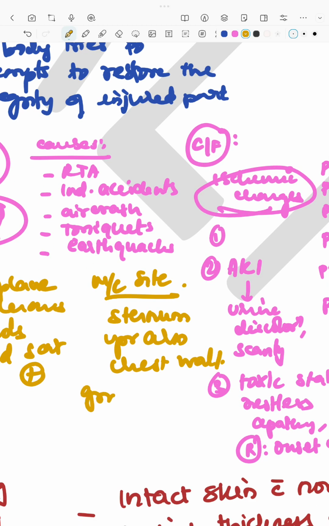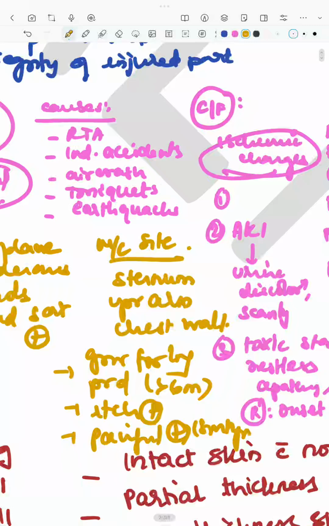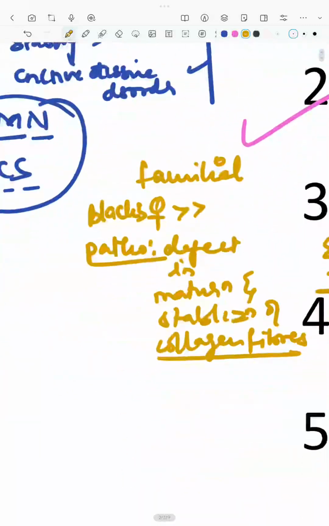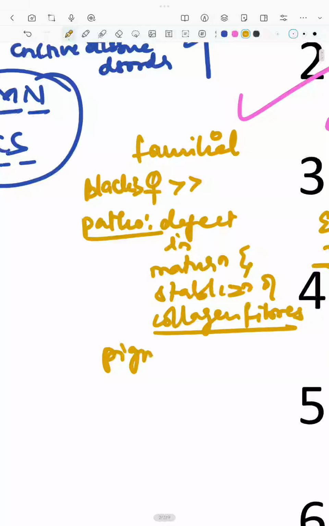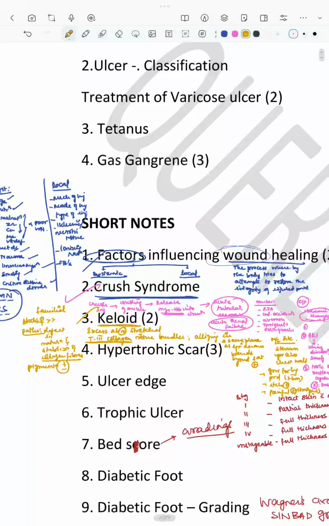They grow for a long period, more than 6 months. It may be itchy and painful, and sometimes associated with pigmentation too. So this is about keloid.